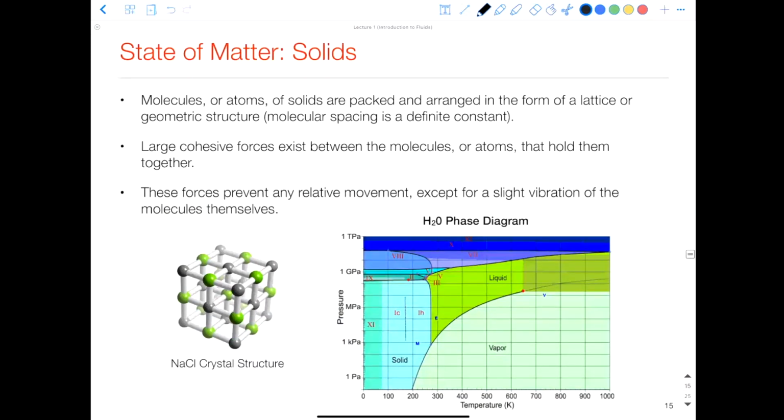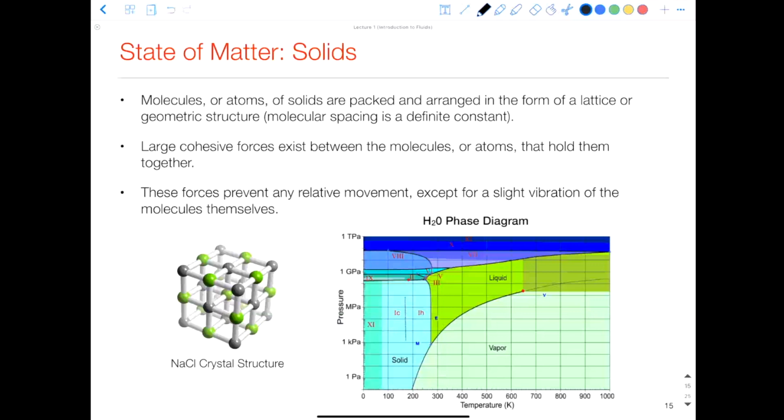So when we look at solids and we zoom right in down to the atomic scale, solids are different than liquids because their molecules and atoms are packed and arranged in a regular pattern, or not necessarily a regular pattern, but a fixed pattern. So whether it is a regular pattern like a metal or an irregular pattern like a glass or a ceramic, those atoms are more or less fixed in space.